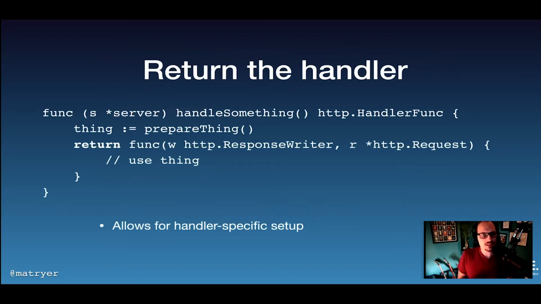So my handlers aren't actually themselves handlers; they return the handlers, and this creates a little closured environment that's specific to each handler. This is very useful if you have handler-specific dependencies that you have to set up ahead of time. You can see here that we create this thing, and in the little handler, we're able to use that thing.